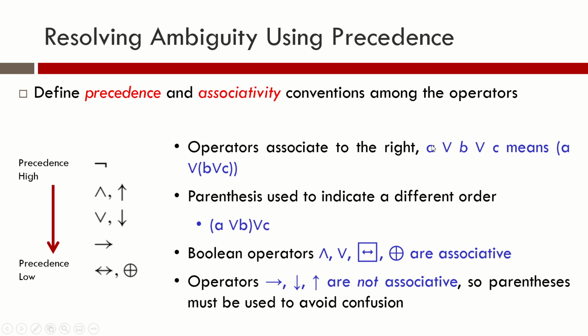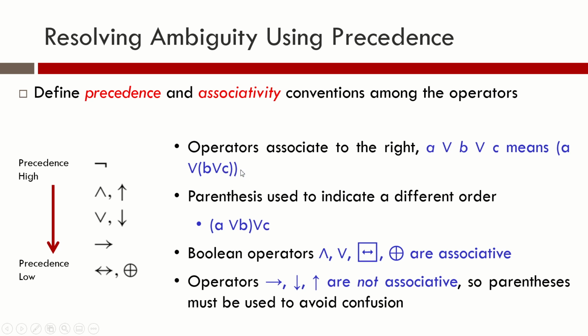So if the operators are the same, this disjunction associates to the right, which means that first we will perform B or C, and then that result will be ORed with A. So this actually means A or (B or C). B or C will be the first operation performed, and only then will we perform disjunction on A and the result of B or C.